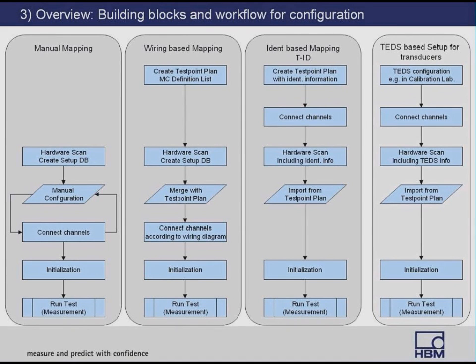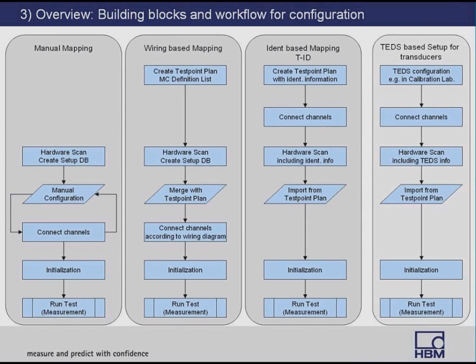In this slide, I'll show again the overview of the building blocks and the workflow for the configuration. So I've introduced the different workflows, starting from the manual setup of your system. Second option was to use the wiring-based mapping with a test point plan and a merge procedure.